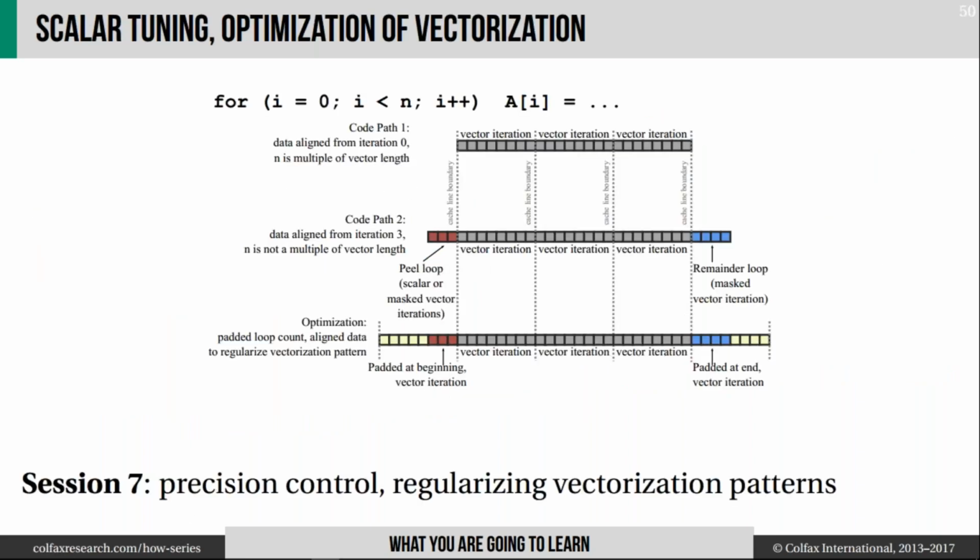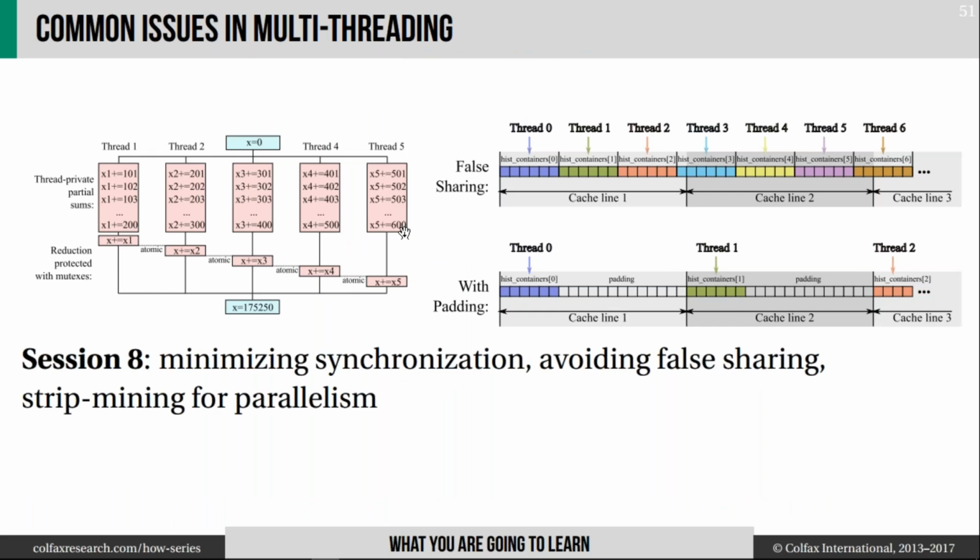In session 7, we will focus on precision control and regularizing vectorization patterns. So revisiting vectorization, this time from the point of view of performance tuning. In session 4, we are going to talk about multi-threading from the point of view of common issues, how to minimize synchronization, avoid false sharing, and strip mine for parallelism.